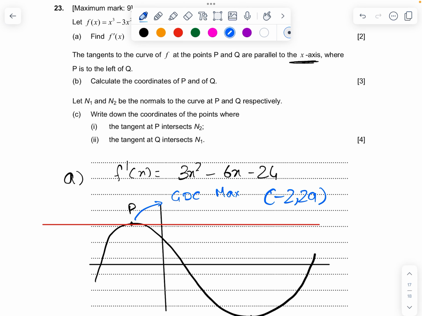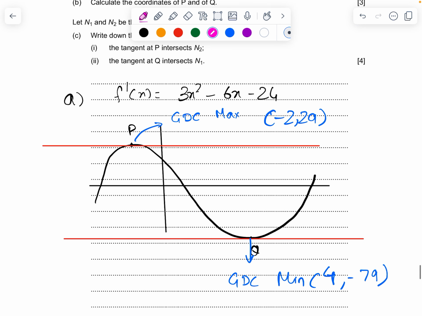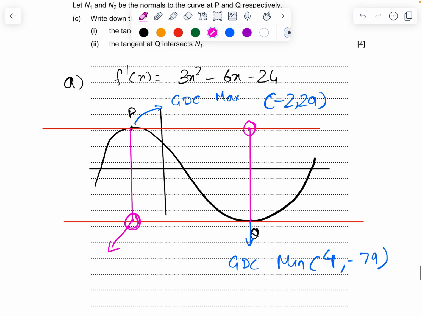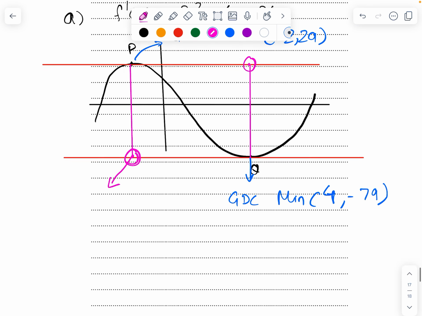Then let n1 and n2 be the normals of the curve. Write down the coordinates where the tangent at P intersects the normal at n2. So this is one point and this is another point. We can know that this is n1, this is n2.